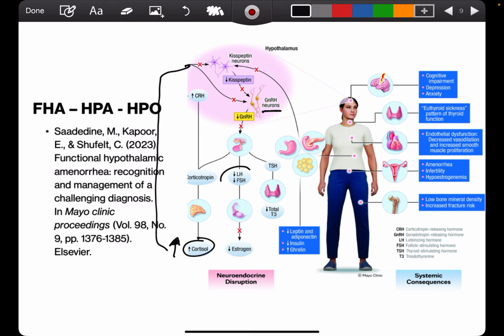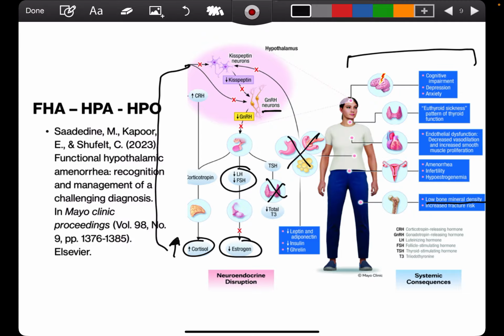That's what this little line is. The picture cut off, but it feeds back to the hypothalamus, ultimately, again, inhibiting GnRH neurons, GnRH secretion, sorry, which then further reduces FSH and LH, and then results in decreased estrogen because the body doesn't have the necessary hormones to produce the estrogen. Won't cover too much of the additional items, but it's crucial to the endocrine state that a person is in.